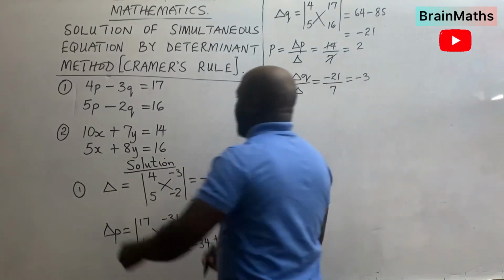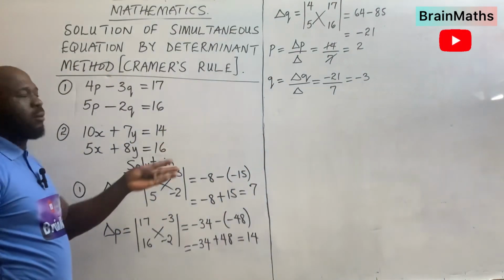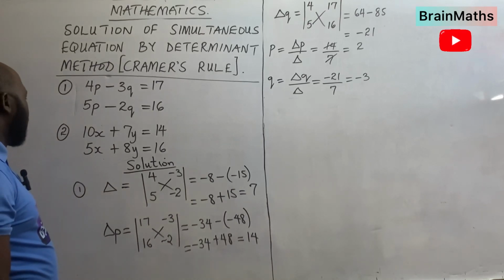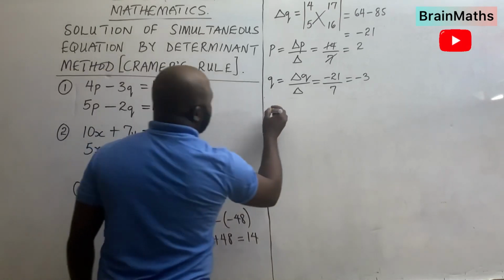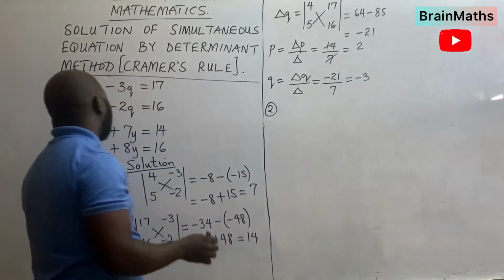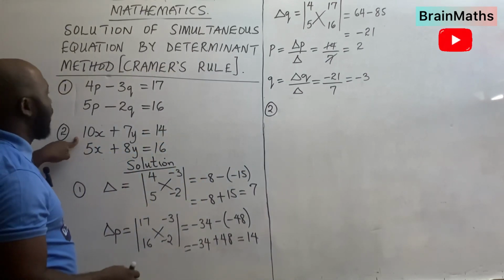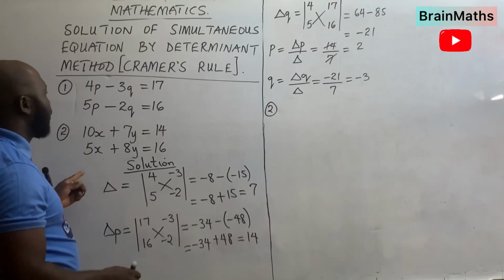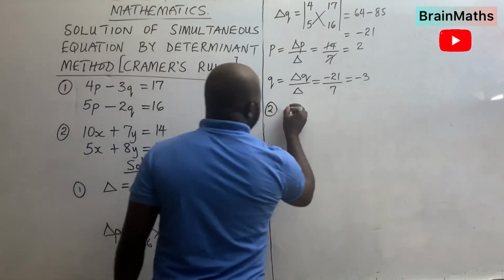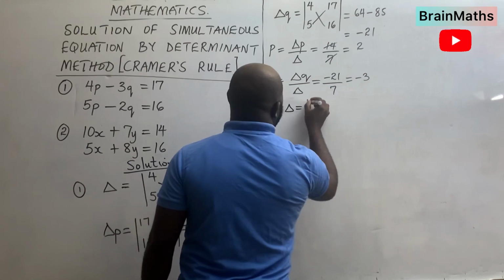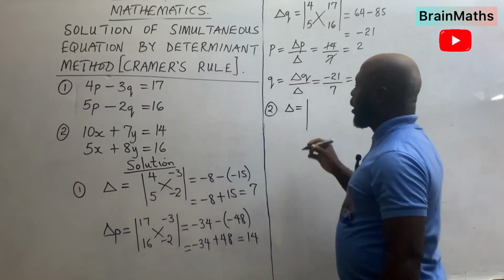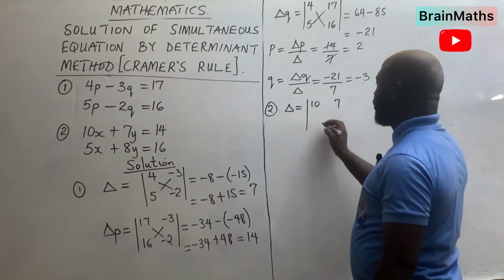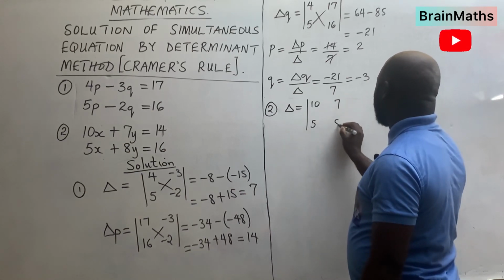So let's use the same method that we've just employed to solve question number 2 and see what we are going to get from that. So question number 2 now says, following the lay down rule, solving for the left hand side, the general determinant equals, the values here are 10, 7, 5, 8.